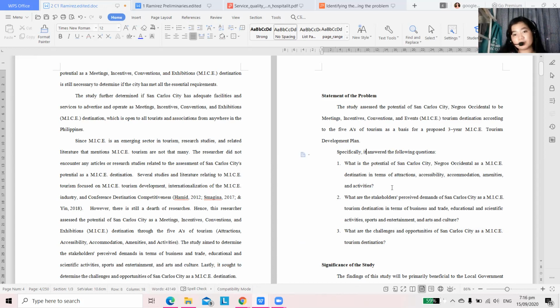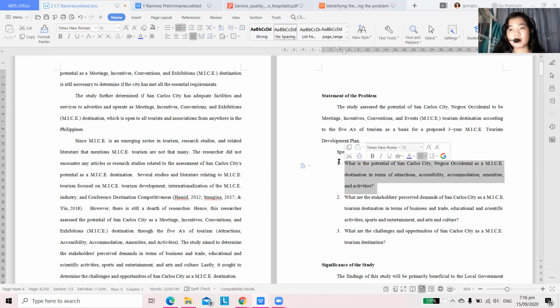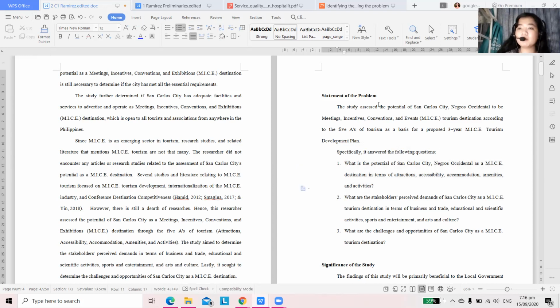Once you have your statement of the problem, you will pattern your questionnaire or survey on it. Class, your survey or statement of the problem cannot be random. Your survey must be able to answer the questions in your statement of the problem or your research problems. So statement of the problem and research problems are the same, like your objectives.